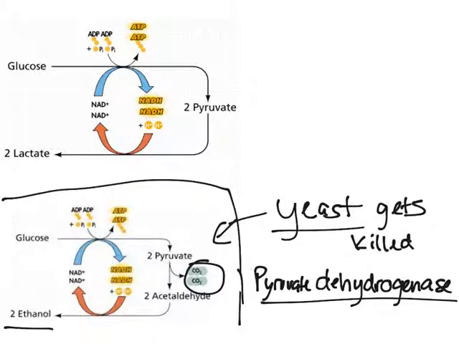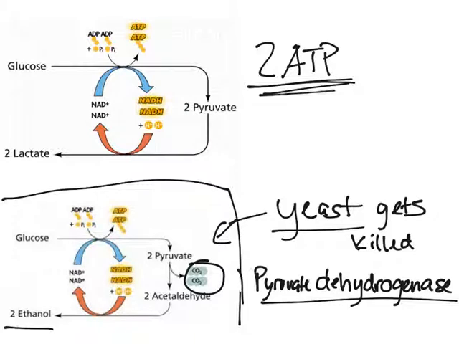And so finally, just a summary, fermentation makes 2 ATP, and that's not really efficient compared to oxidative phosphorylation, which makes a bulk of ATP. However, when you're running low on oxygen, this is the best you could do.